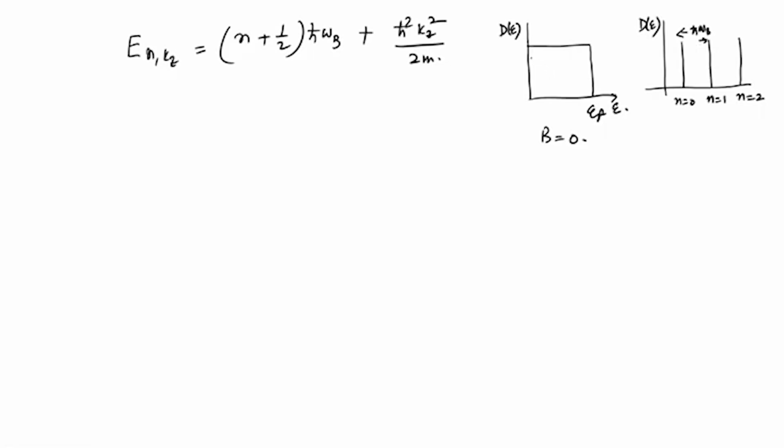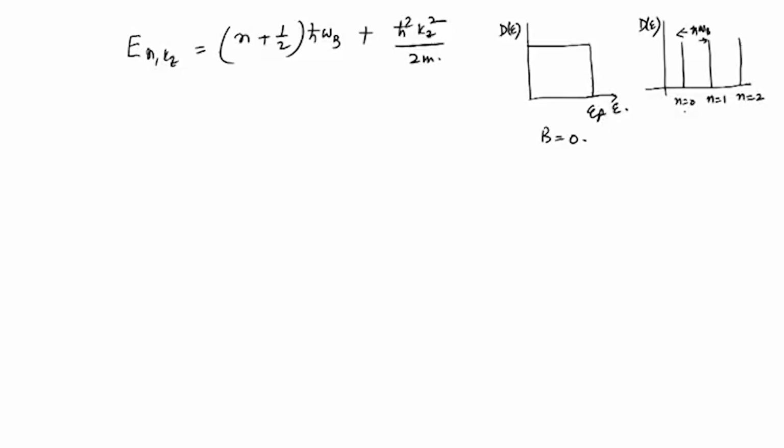The density of states, which was constant up to EF, now splits up into these discrete levels. So the density of states looks like a series of delta functions. These are called the Landau levels, and the energy spectrum looks exactly like a harmonic oscillator in the presence of a magnetic field.